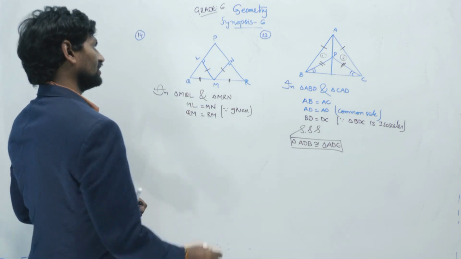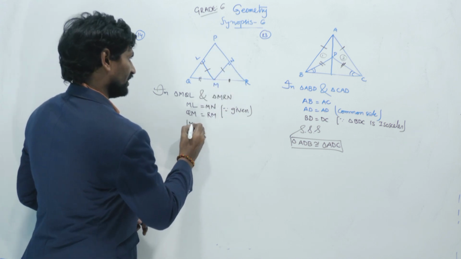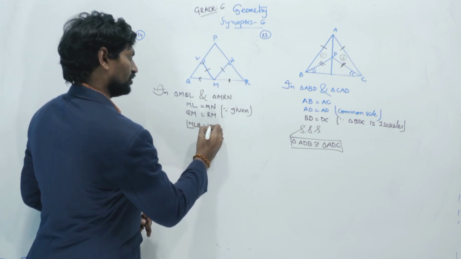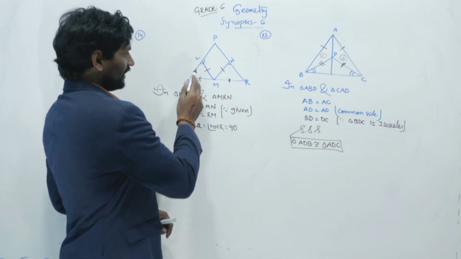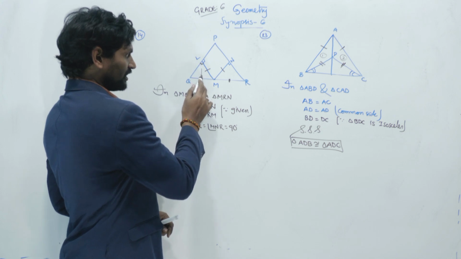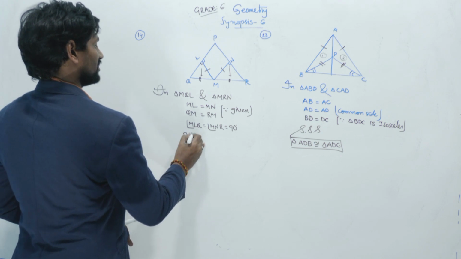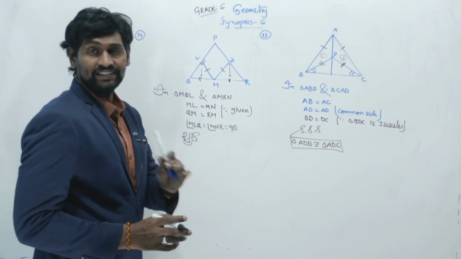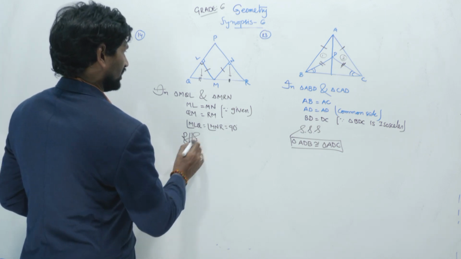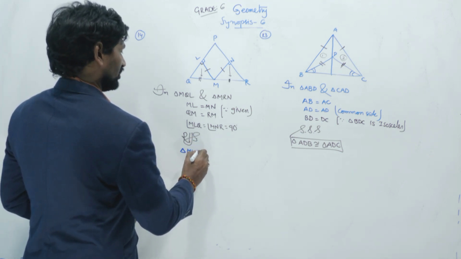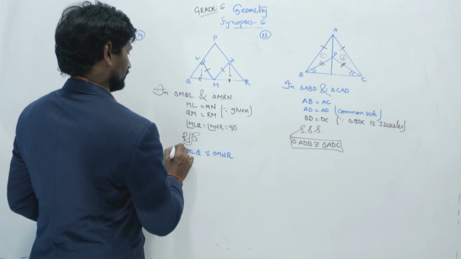Looking at the two triangles clearly, both angles are 90 degrees, so angle MLQ equals angle MNR equals 90 degrees. The right angle's opposite side is the hypotenuse, and with one more side, by RHS congruence, triangle MLQ is congruent to triangle MNR.